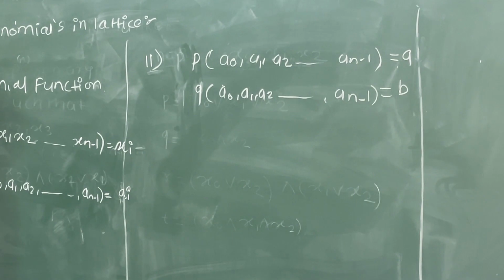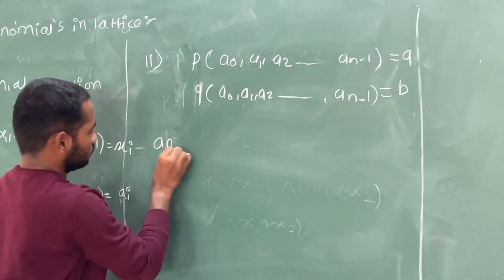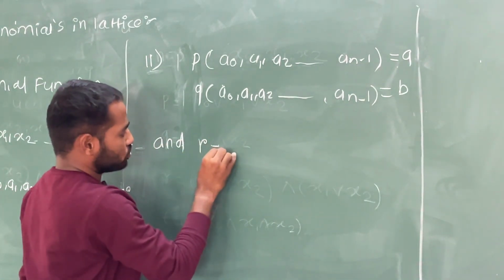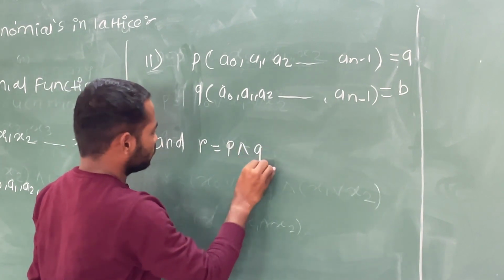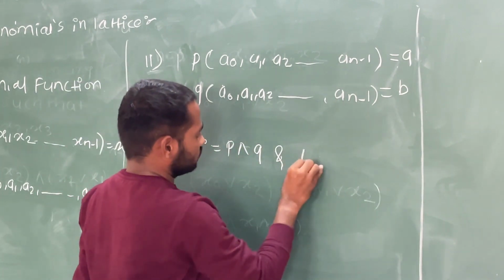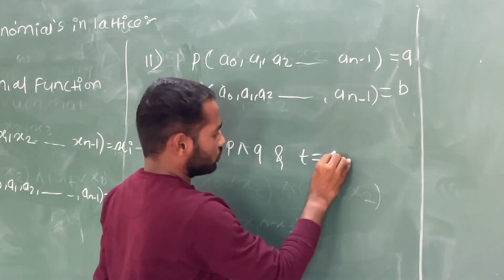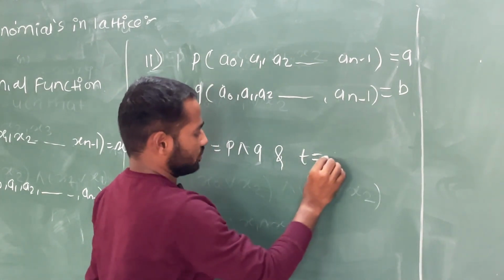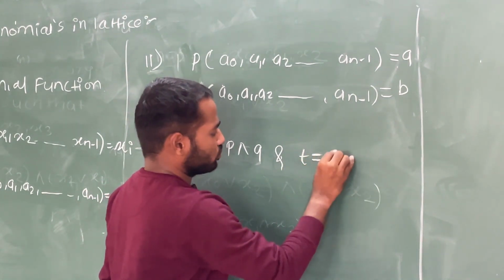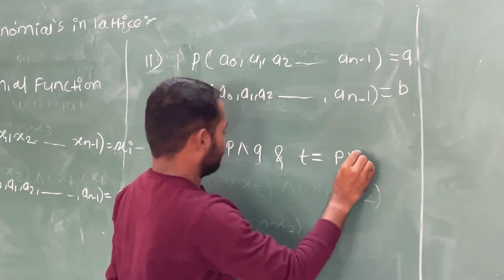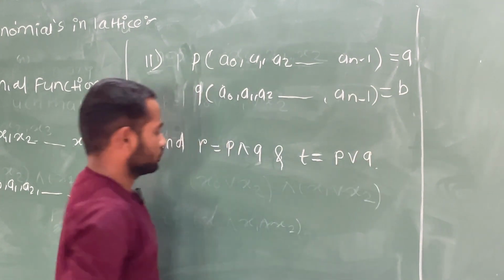Then r equals p meet q and t equals p join q.